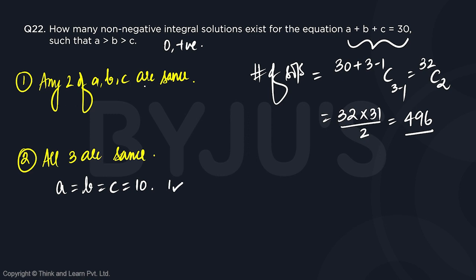But when any two of them are the same, we will have a scenario where two of them are 0, 0 and the third one is 30. The other case is where two of them are 15, 15 and the next one is 0.